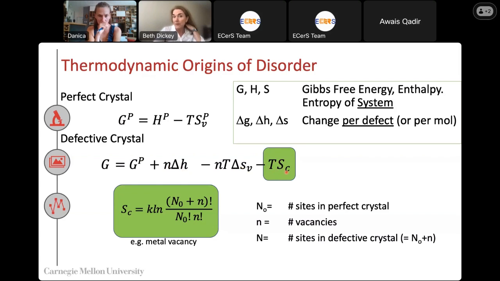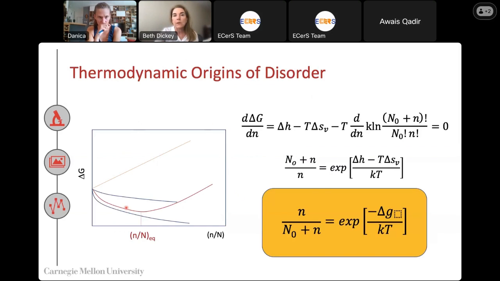And so we always have to remember, even though it costs energy to form individual defects, as the configurational entropy of the system goes up, that can drive down the total Gibbs free energy of the system. In the simple case where maybe you just have metal vacancies in a metal, and we're not going to worry about the charge state, then you can find an equilibrium.